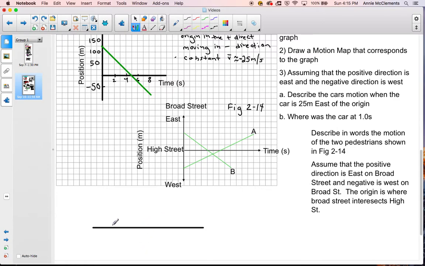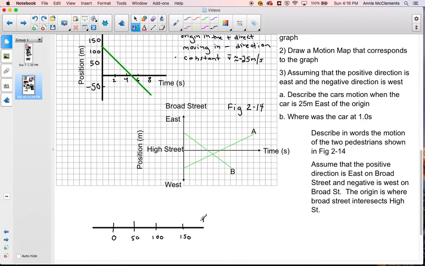I'm going to put my origin down over here. We'll say that's 0. And maybe 50 will be here, positive 50, 100, and 150.